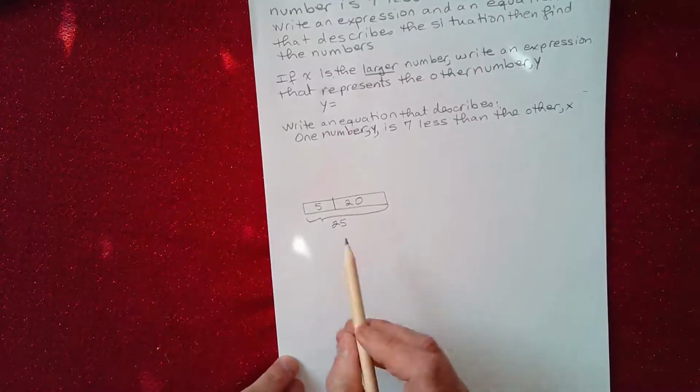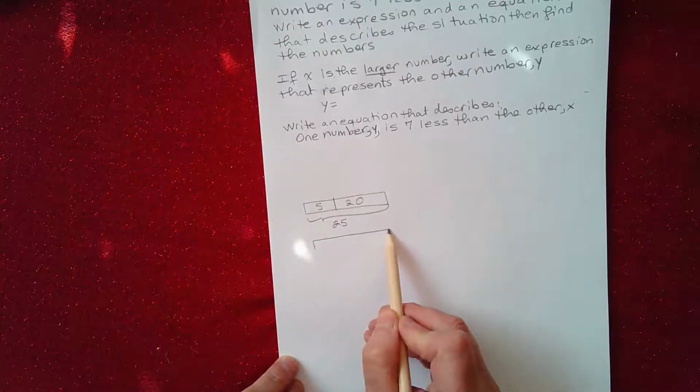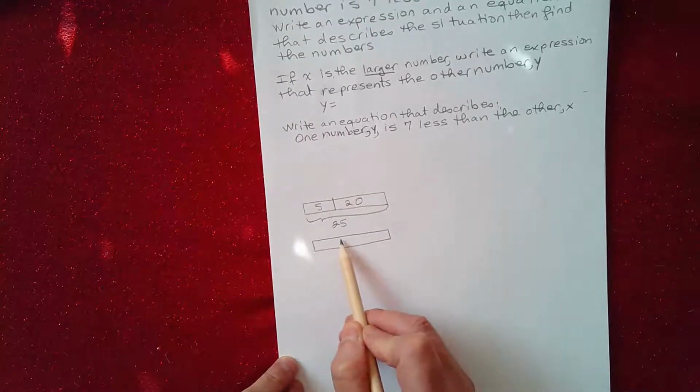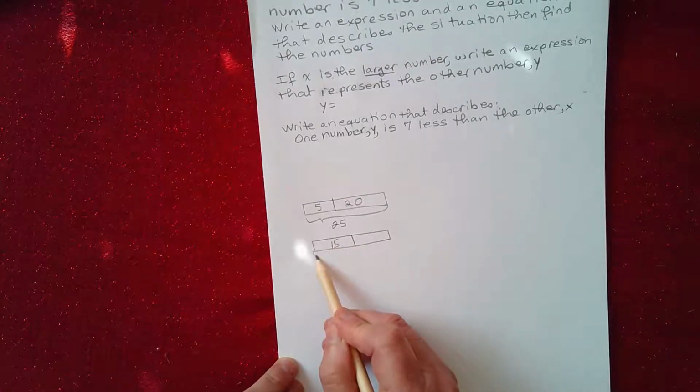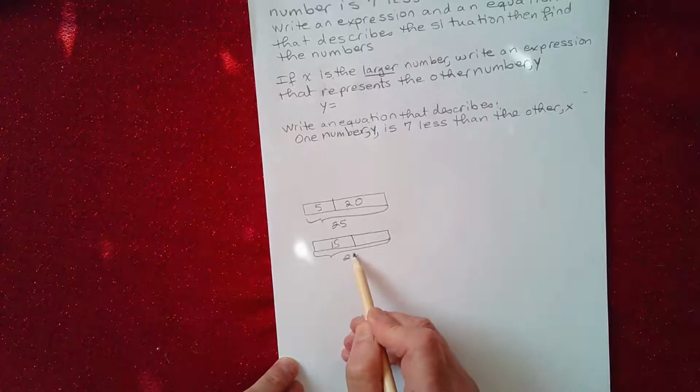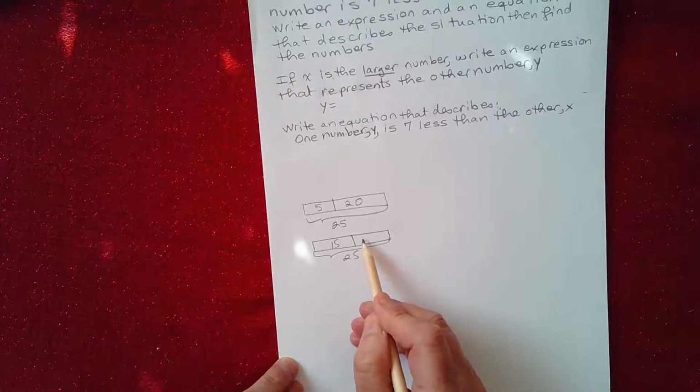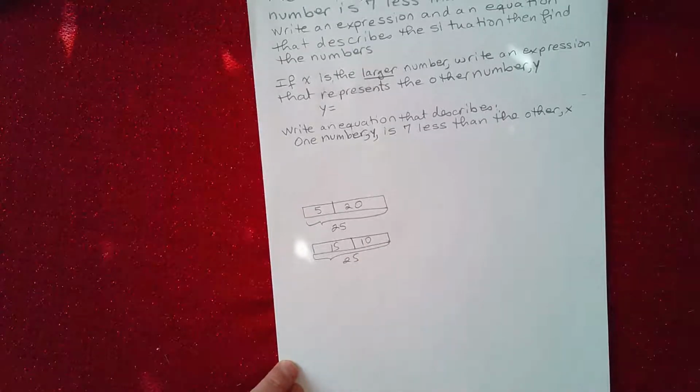Using another example, with the same sum of 25, let's just say one number is 15, and this one must be 10. Why? Because their sum must be equal to 25. Okay?